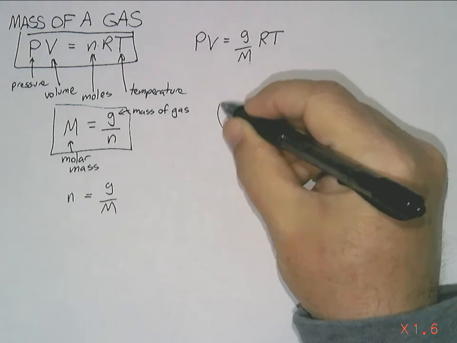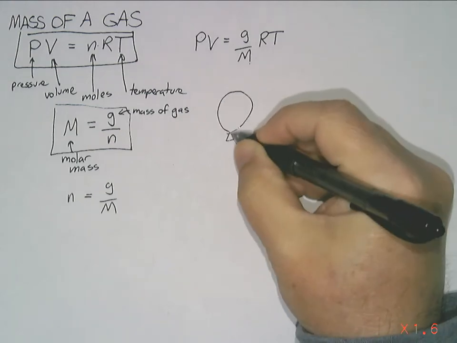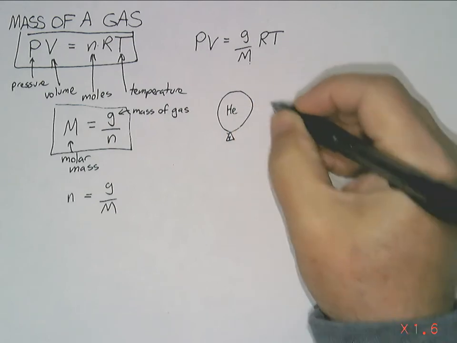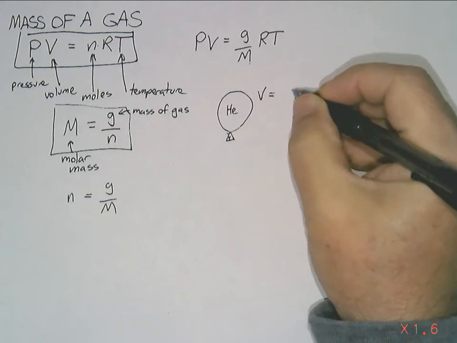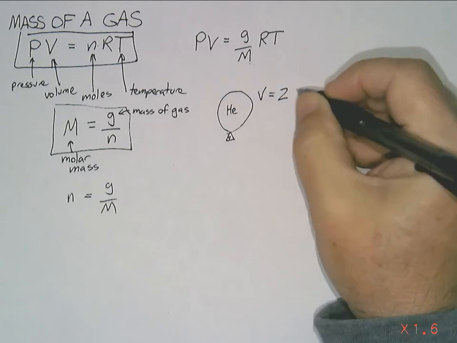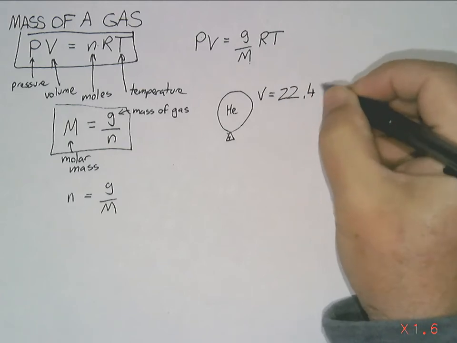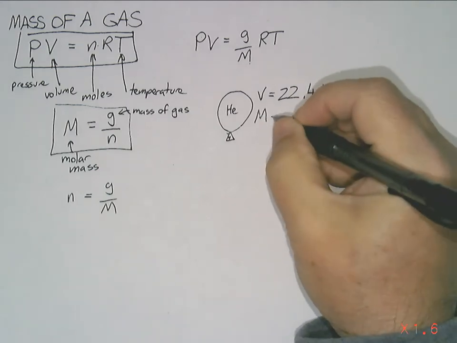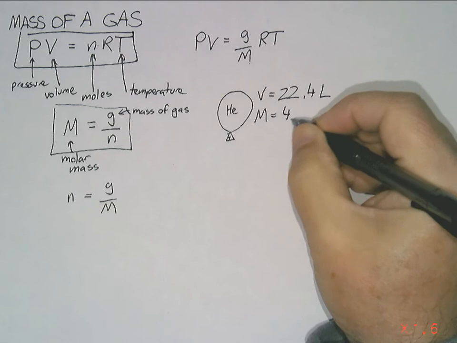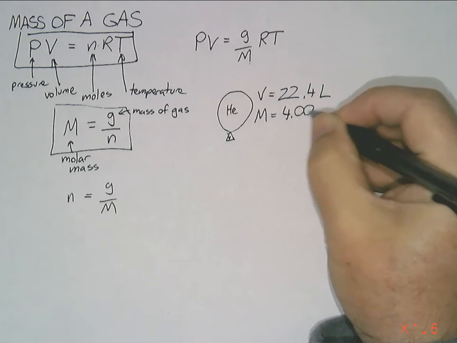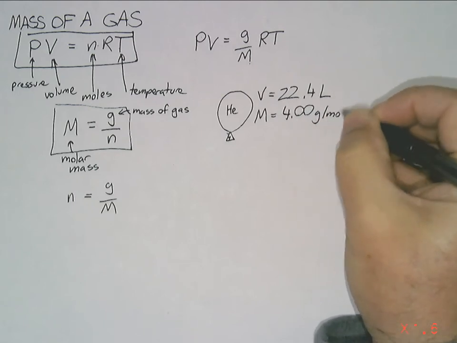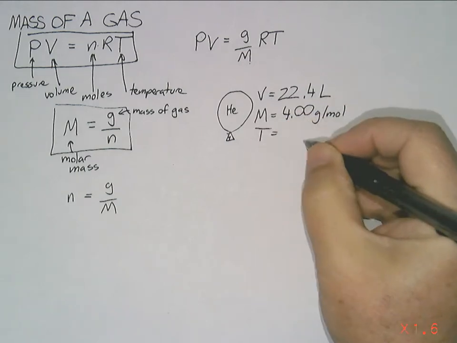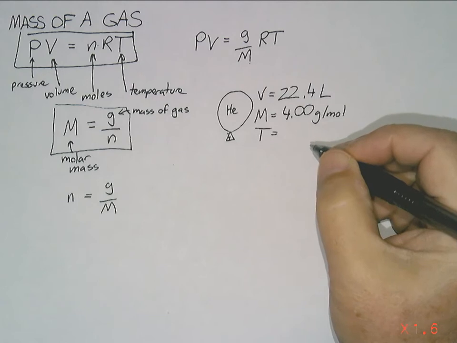Suppose I've got a balloon and it's filled with helium, and the volume of the balloon is, let's say, 22.4 liters. Let's say that the molar mass of helium is 4 grams per mole. And let's say the temperature is room temperature, 25 degrees Celsius.